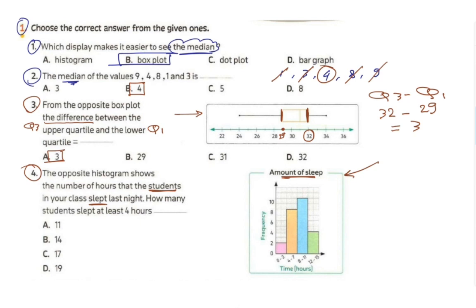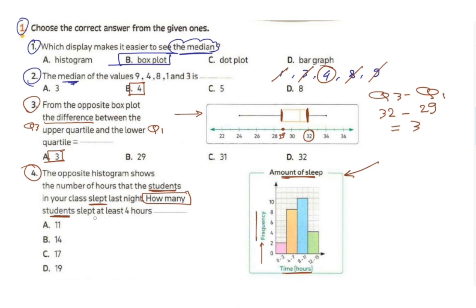How many hours did you sleep yesterday? So the x axis is time, hours, and the y axis we have frequency. Now the question is how many? He needs a number of students from the frequency.